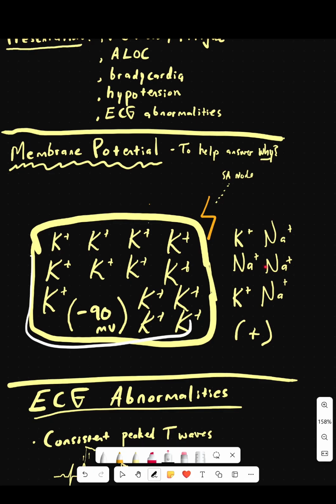Now, once this cell receives an electric stimulus, we'll say from the SA node, it will open up a channel. And that channel is going to allow these sodiums over here to rush into the cell, all right? And so now the inside of that cell is going to have potassium ions and sodium ions.